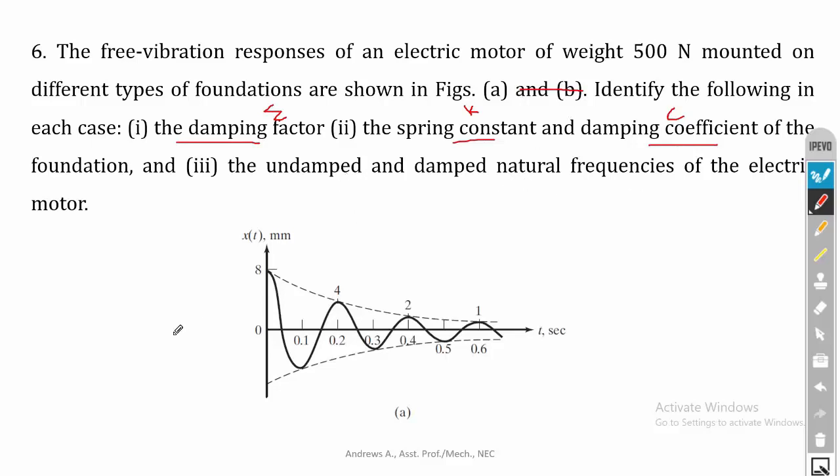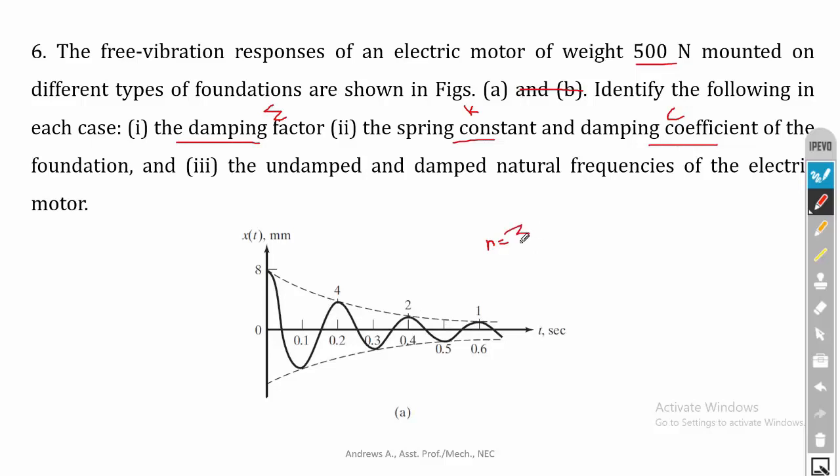This problem is almost like your previous problem. Here the mass is given in Newton, so we have to convert it into kilogram. That is very important. We have to substitute in kg, not in Newton. Then coming to the graph, first we have to take the number of cycles. You can see the amplitude starts from here. So this is 1, 2 and 3.